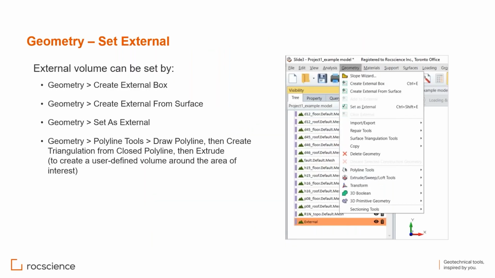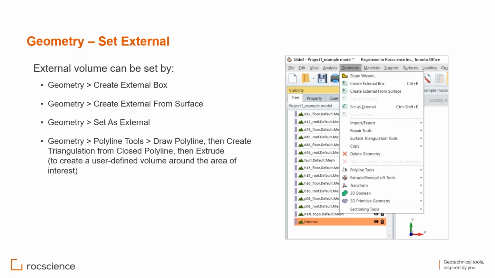As I mentioned, we deal with volumes. So if you have a volume in your geometry, the software is going to focus on that one. However, we define a concept which is a reference volume, and we call it external. So if there is a trash bin in front of your entity, it means that it's not part of your external geometry, and the software is going to ignore it.